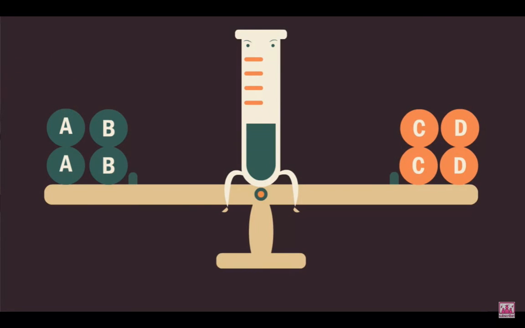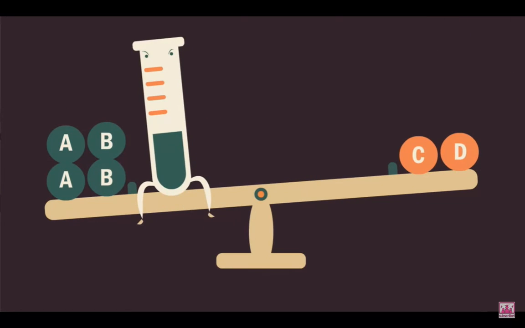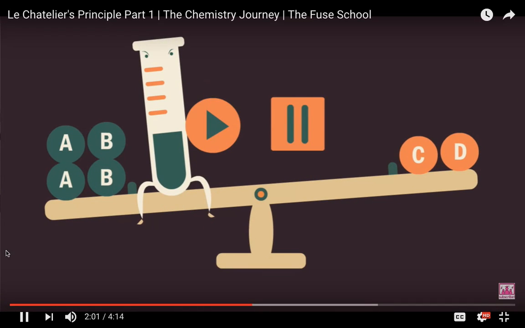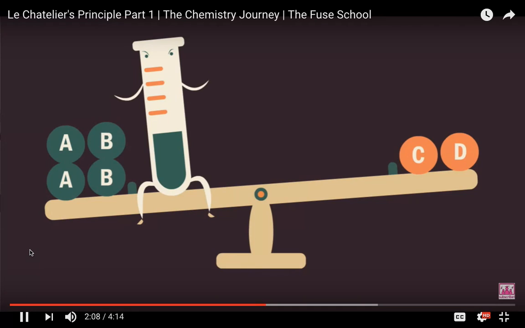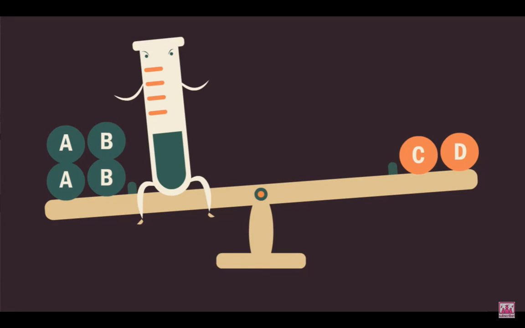What happens if we remove C and D as they are being produced, or if the concentration of C and D is decreased? Please pause the lesson to think about this and resume when you are done. The system is now stressed and no longer at equilibrium.